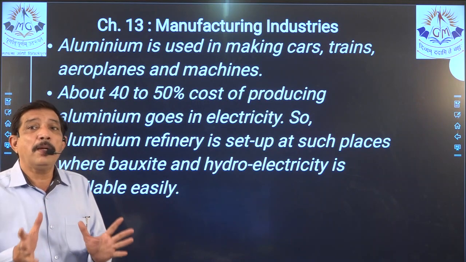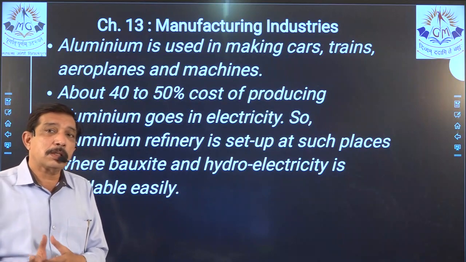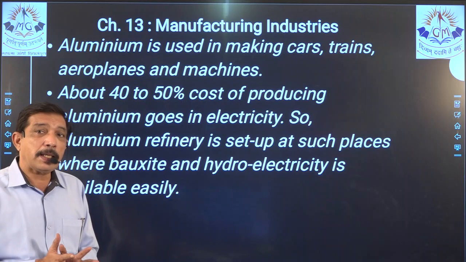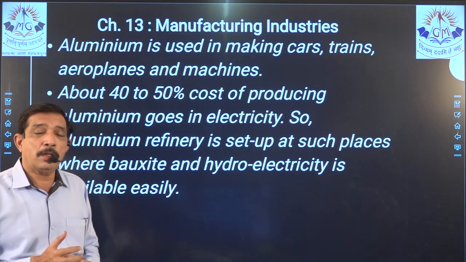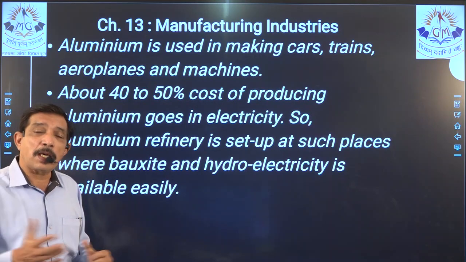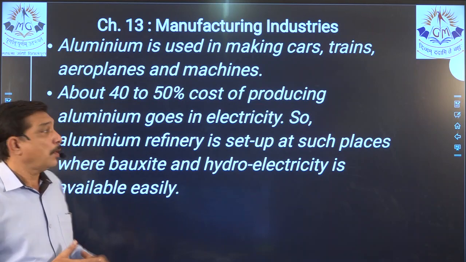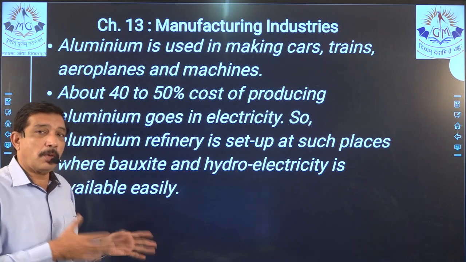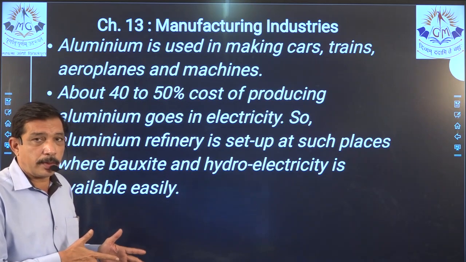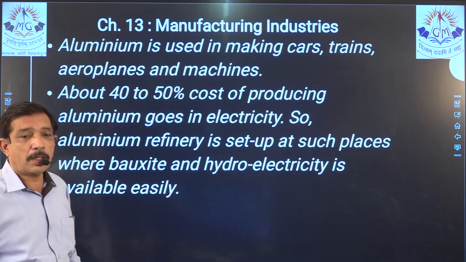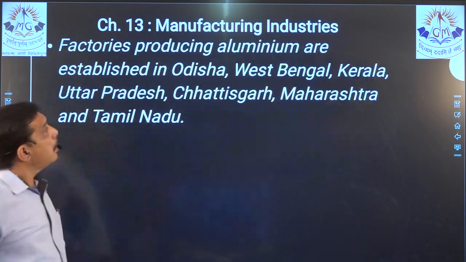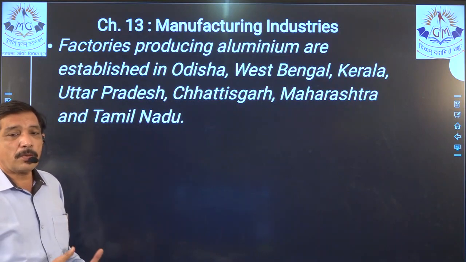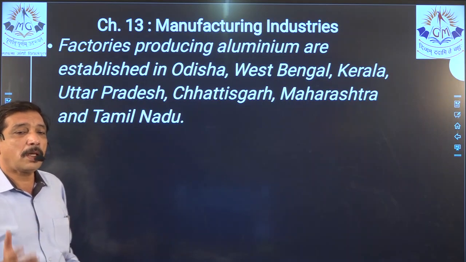Both the ore and the hydroelectricity, so that uninterrupted supply of electricity is there, and for transportation of electricity much time is not taken, right? So aluminum refineries are set up at such places where bauxite, that is the ore of aluminum, and hydroelectricity are very easily available. Factories producing aluminum are established in these places: Orissa, West Bengal, Kerala, Uttar Pradesh, Chhattisgarh, Maharashtra and Tamil Nadu.